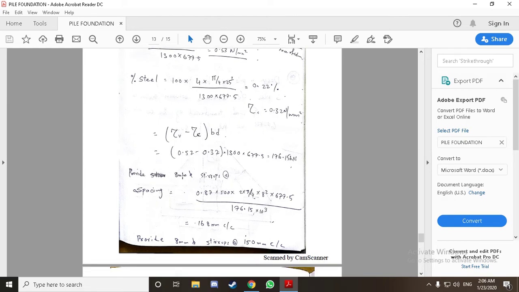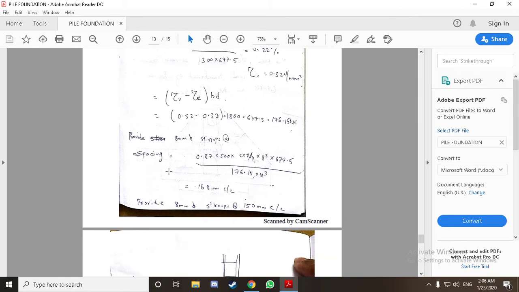So we are providing 8 mm diameter stirrups, and we need to calculate the spacing for it. This is the spacing formula, which requires the Vus value. Here the shear force is the extra amount of shear force which we have to consider.